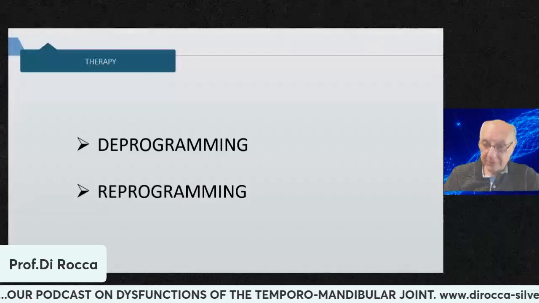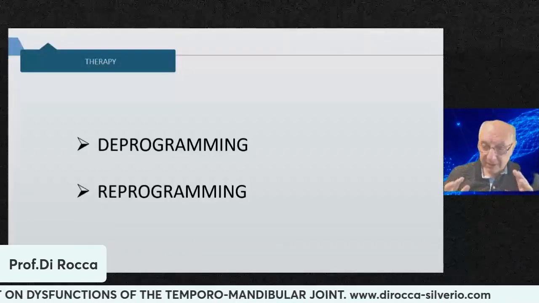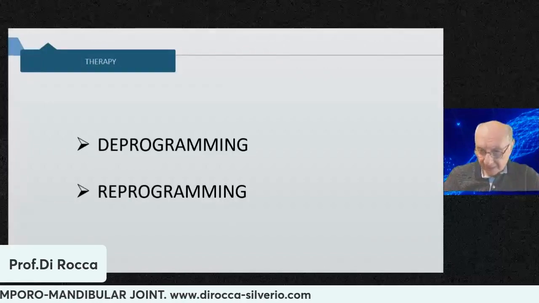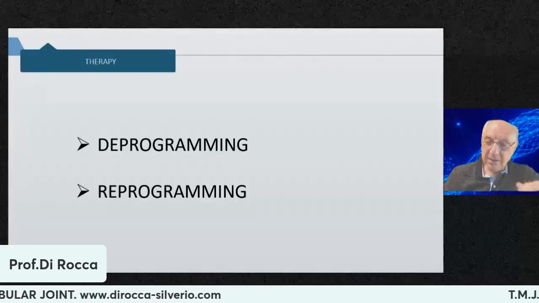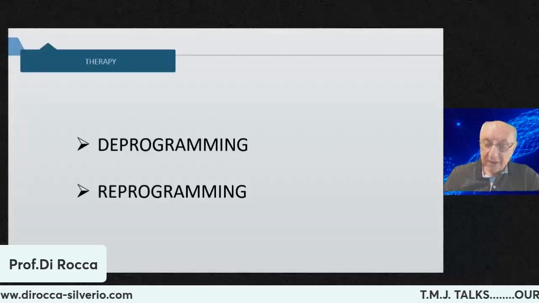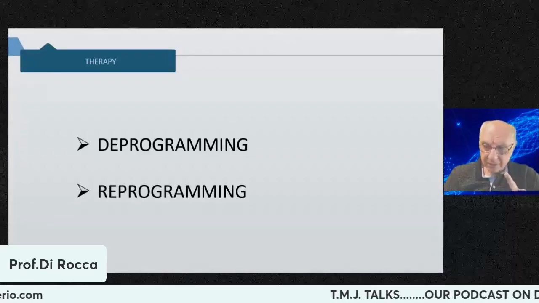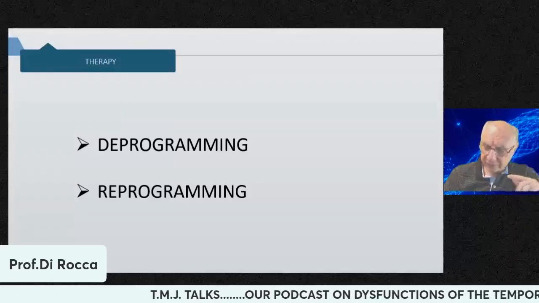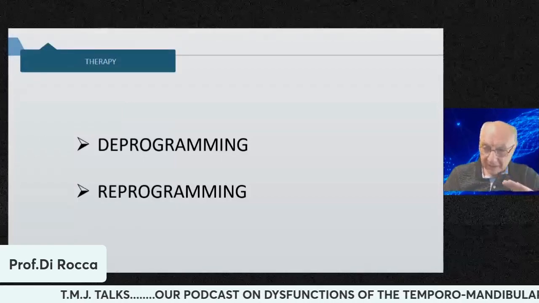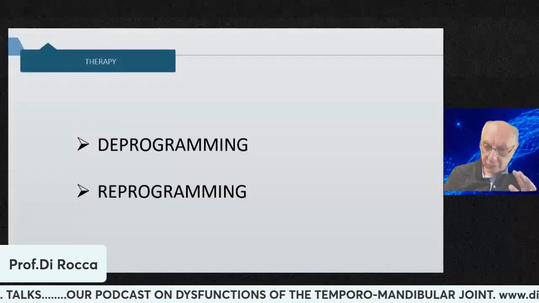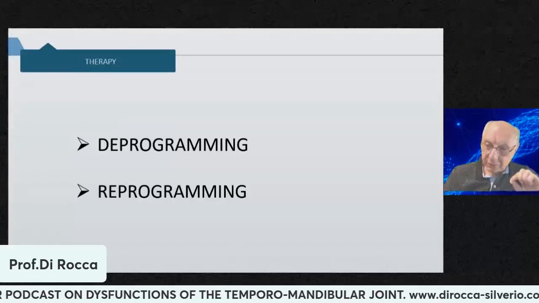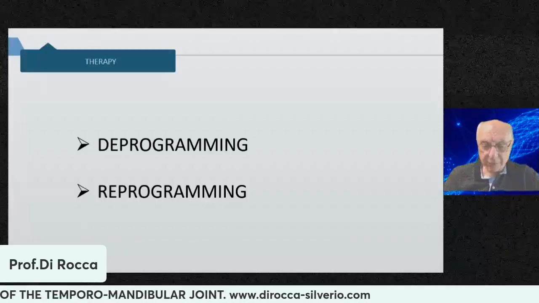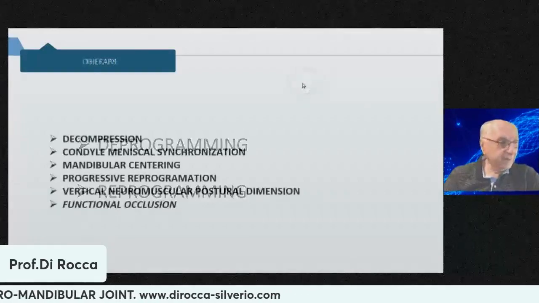Put the jaw centered, and at the end of this, if we can, we create the functional occlusion. If we cannot, for economical reasons, for anatomical reasons, for any reason we cannot create a functional occlusion, we protect the joint forever. That is our concept in therapy.